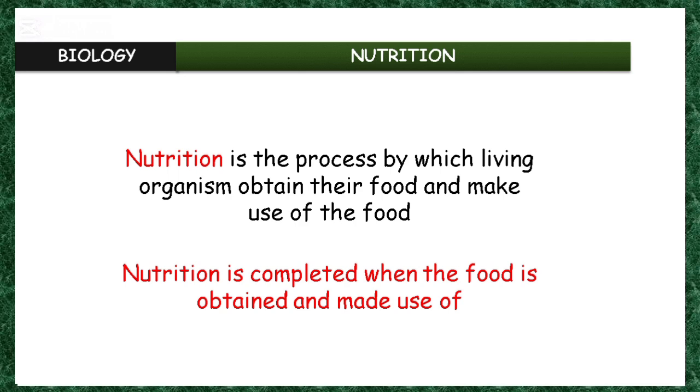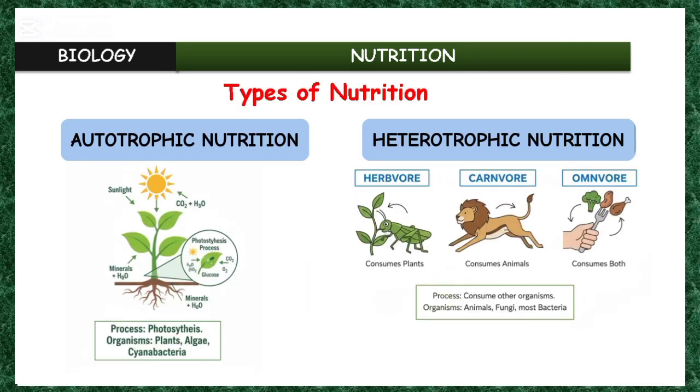Now, we have two main types of nutrition. The two types of nutrition are autotrophic nutrition and heterotrophic nutrition. The first one, autotrophic nutrition, is a type of nutrition in which the organism involved makes, prepares or manufactures its own food by itself.